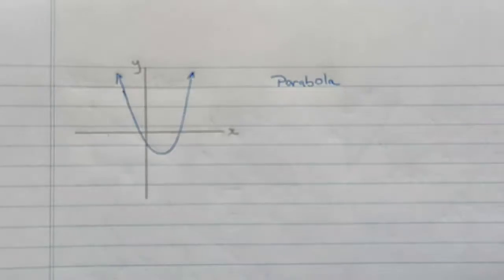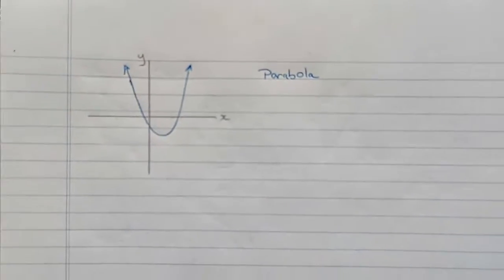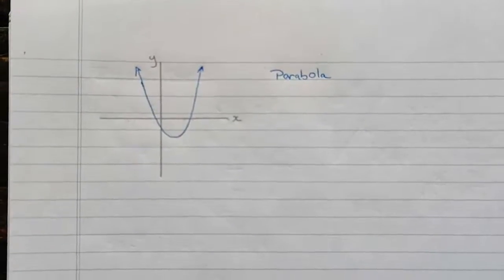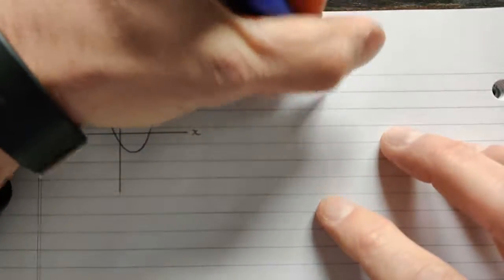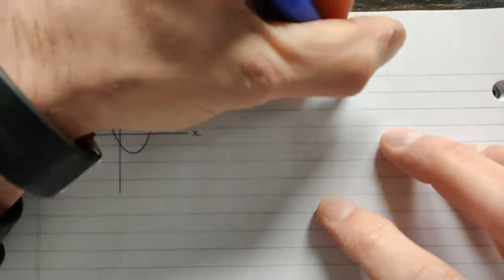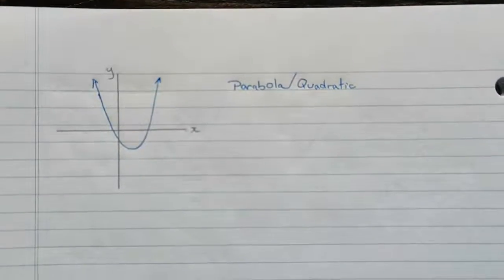And so a parabola is going to be this U-shaped graph. This U-shape, it's always a parabola. Let's see if I can get that focused a little better. There we go. Sometimes we just call it a quadratic. So it's a quadratic graph.